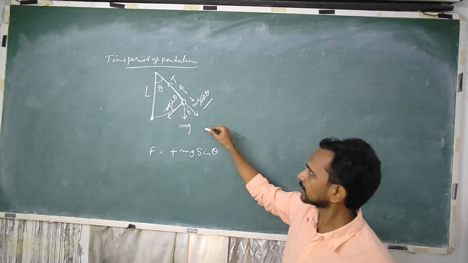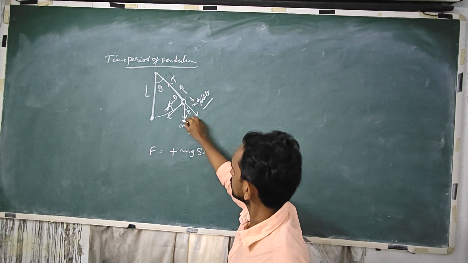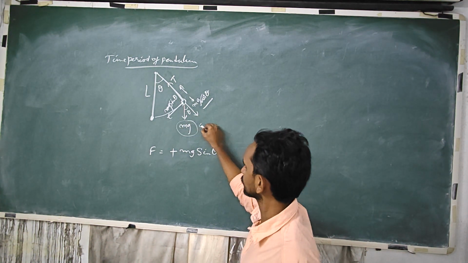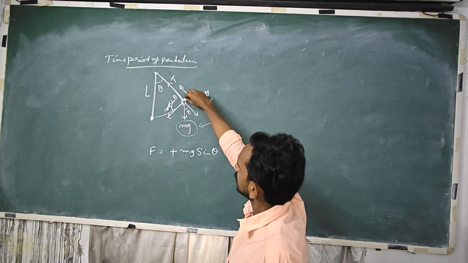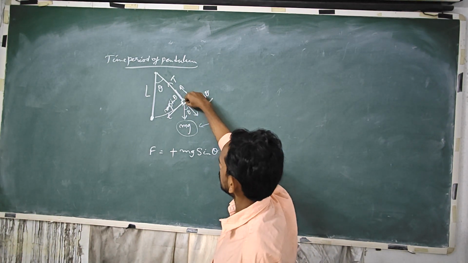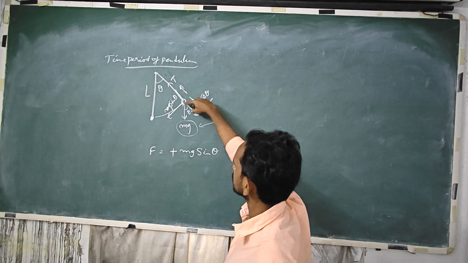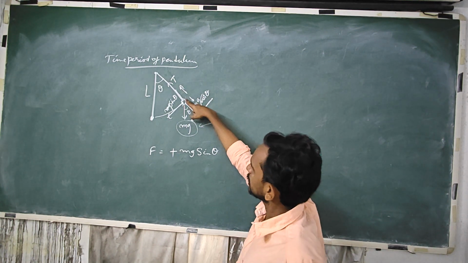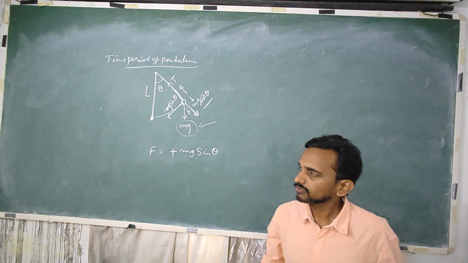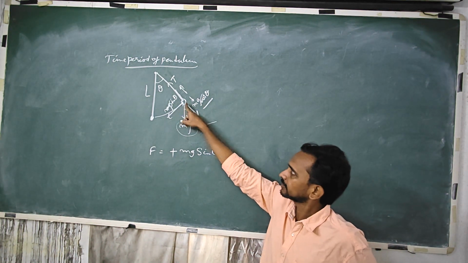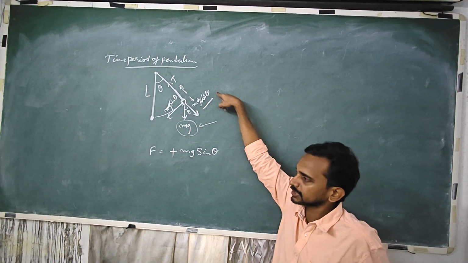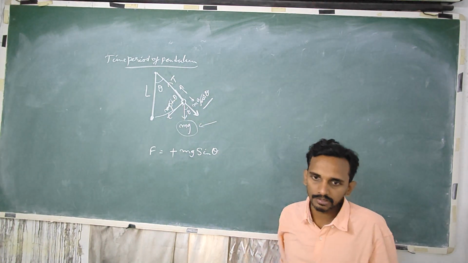That component of potential energy is given by this mg. It can be resolved into two components, one along the string connected to the pendulum, another perpendicular to that. So one component is mg cosine theta, the one connected to theta, and the other one is mg sine theta.